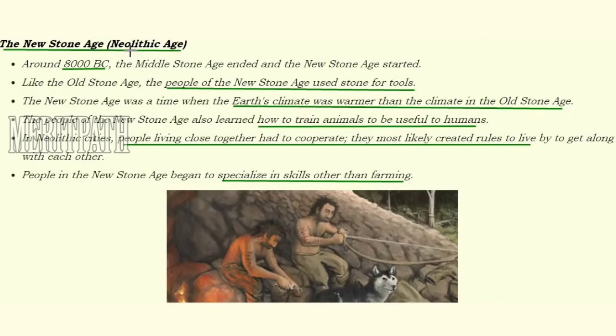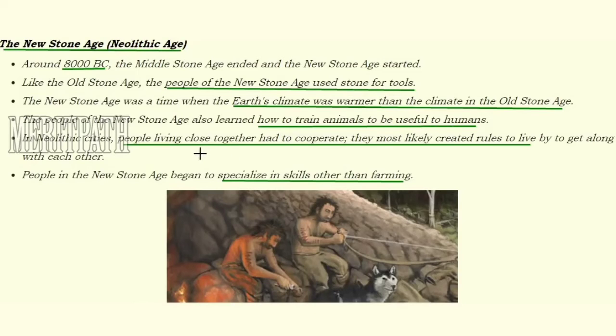Next, the New Stone Age or Neolithic Age. Around 8000 BC, the Middle Stone Age finished and the New Stone Age started. The people of the New Stone Age again started using stone for tools, and Earth's climate was warmer during this period. They also learned how to train animals so that they could be useful to human beings.